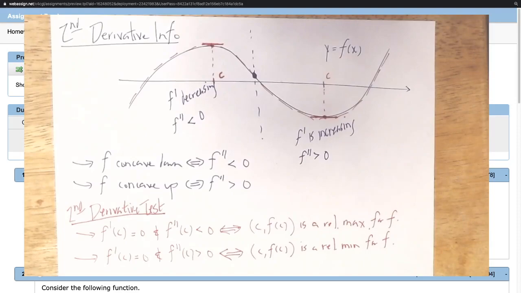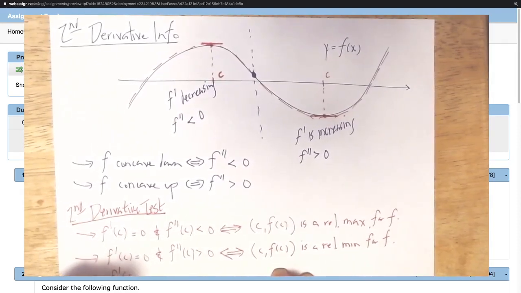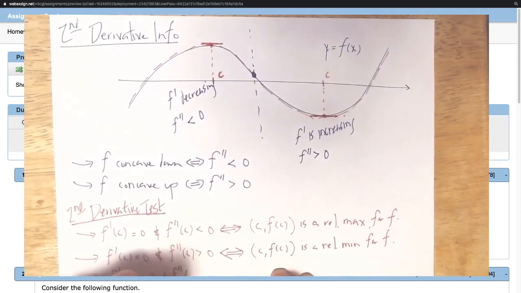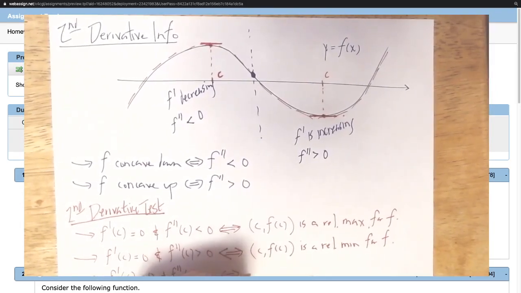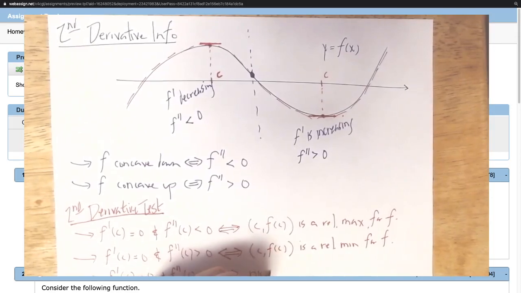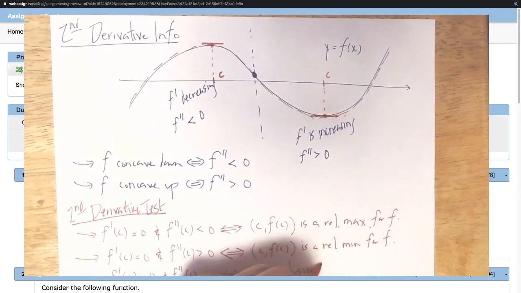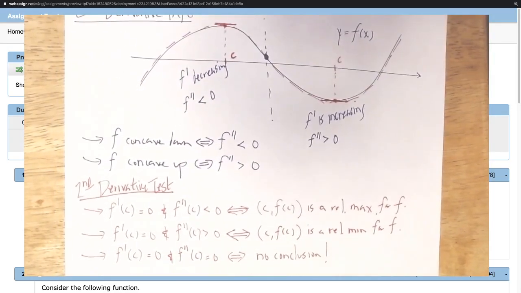The bottom line is if f prime of c equals 0 and f double prime of c equals 0, then the second derivative test simply draws no conclusion at all. In other words, in that case, you may have a max, you may have a min, you may have neither. You just don't know. You have to do something else.